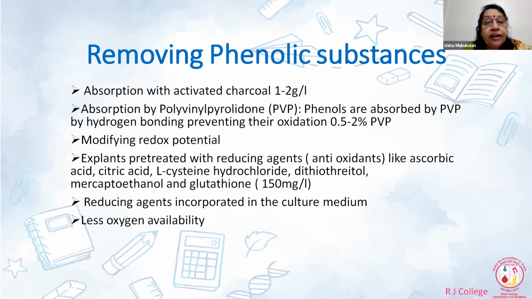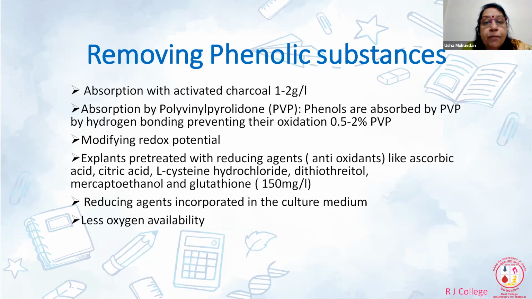Then you modify the redox potential of the culture medium so that oxidation will not take place or the enzyme will not be functional. A very simple and widely used technique is to add reducing agents, popularly known as antioxidants, like vitamin C, ascorbic acid, citric acid, cysteine hydrochloride, dithiothreitol, mercaptoethanol, glutathione.